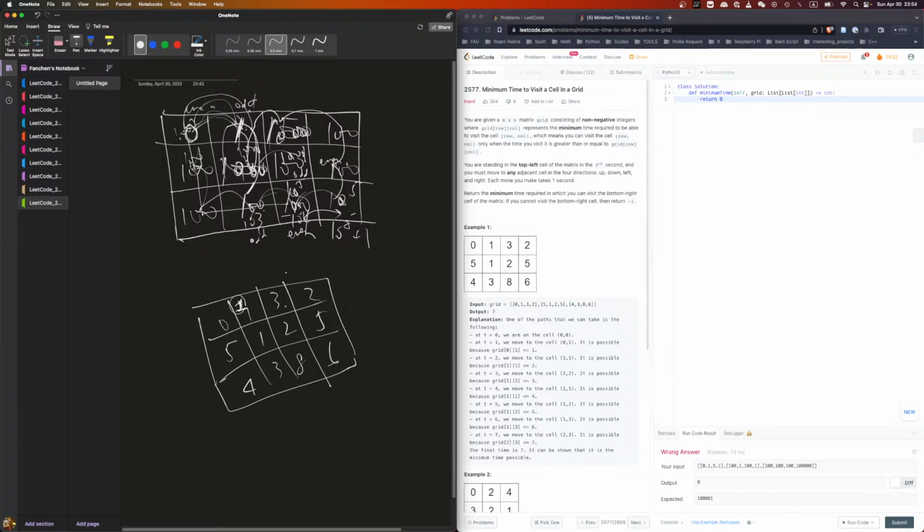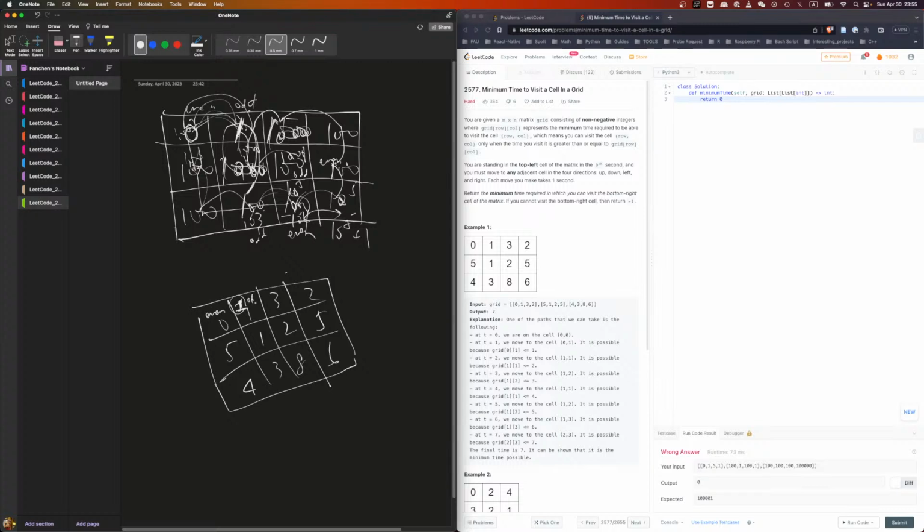The minimum time to reach this, well, this is odd. The only way to reach here is from here, right? I mean, you can from here, but we want the minimum time to reach this place, and that is 1. So this is even, right?